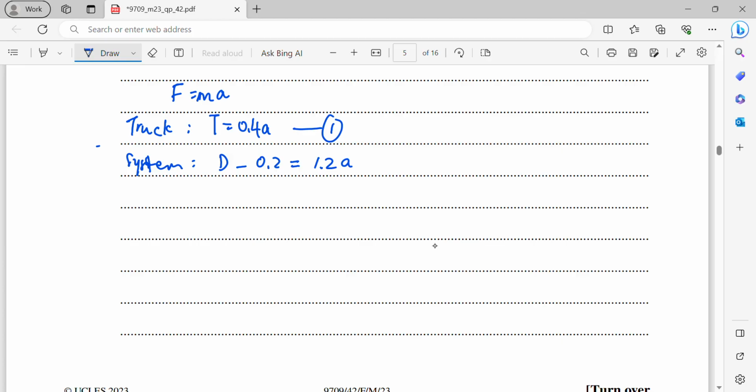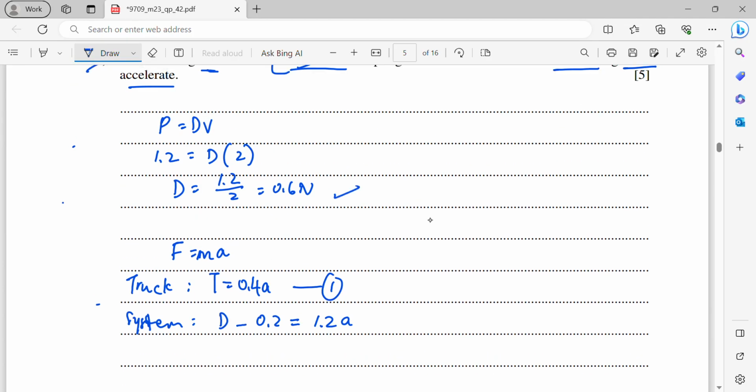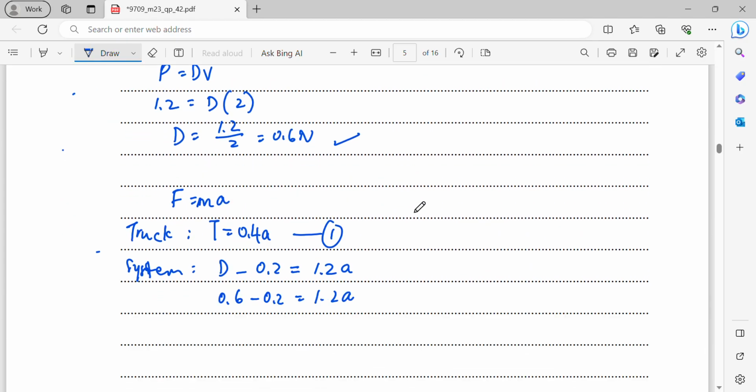Now I have found the D just now. The D is 0.6, so I will replace: 0.6 minus 0.2 equals 1.2 A. Then I will get 0.4 equals 1.2 A, and at last my A is going to be 0.4 divided by 1.2, which is 1 over 3.